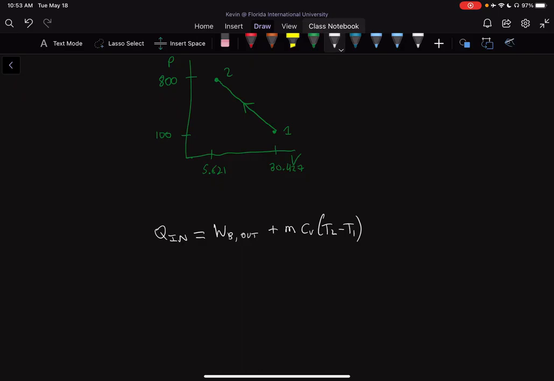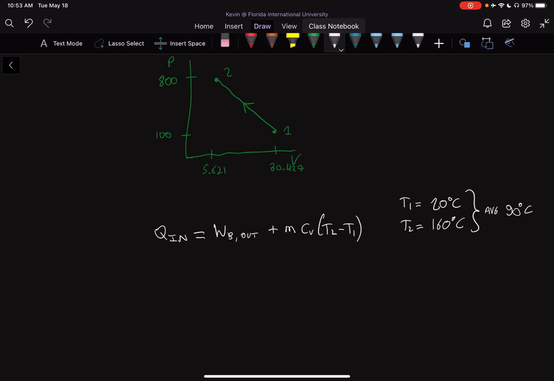So as an exercise, T1 is equal to 20 and T2 is equal to 160 degrees Celsius, so we know that the average temperature is 90 degrees Celsius. So we're going to have to find CV for helium at 90 degrees Celsius.